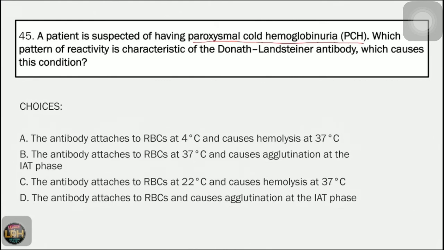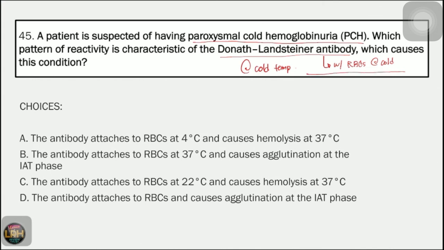So, number 45, what would be the characteristic of the auto anti-P or the Donath-Landsteiner antibody? We should know that this Donath-Landsteiner antibody is a cold reacting antibody, which is associated with PCH or paroxysmal cold hemoglobinuria. The mechanism of action of this antibody: at cold temperatures, it attaches to the red blood cells.